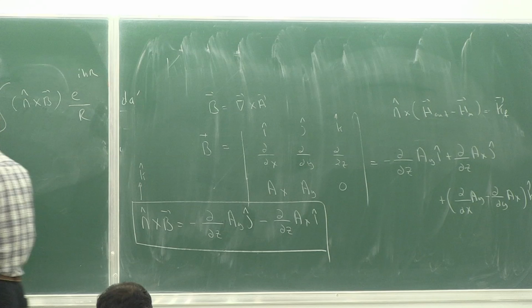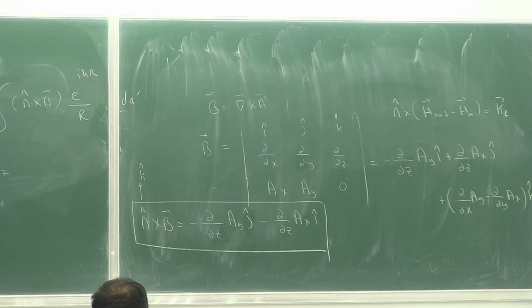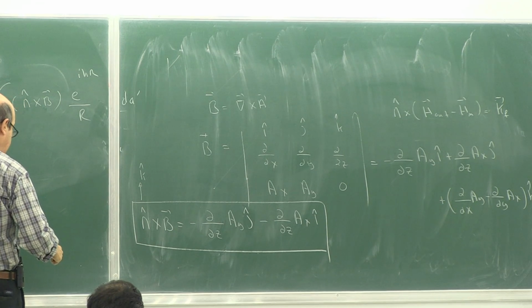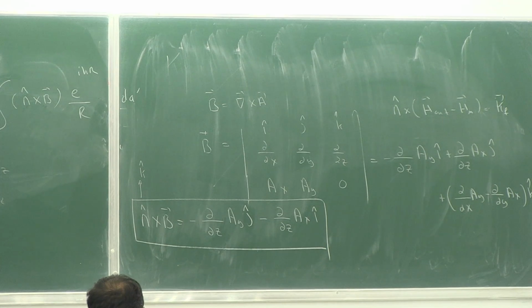So let me write this again somewhere here. What I find, so k cross k is 0, and I find the following.